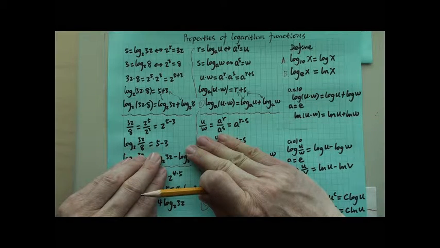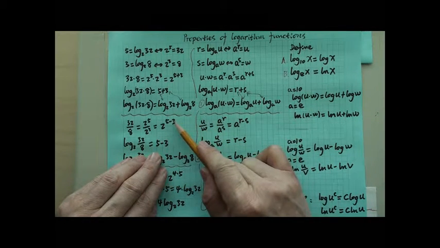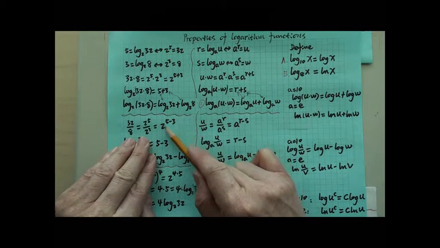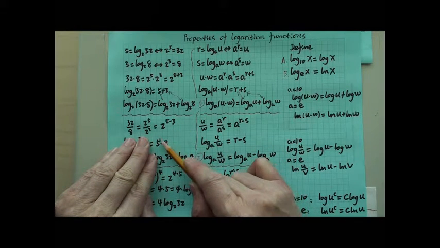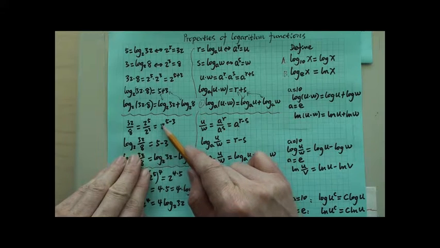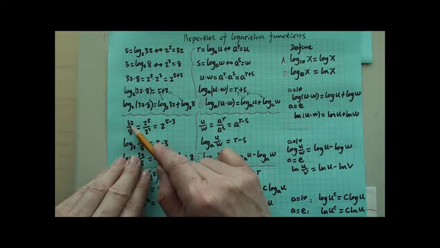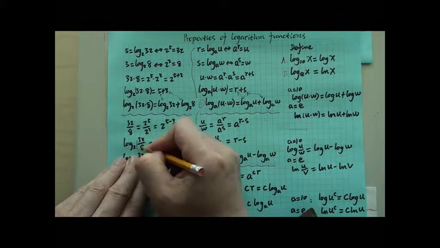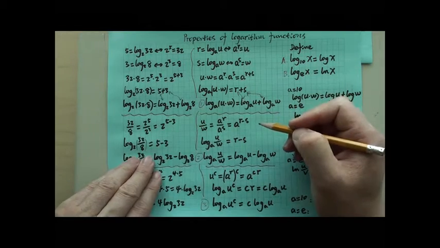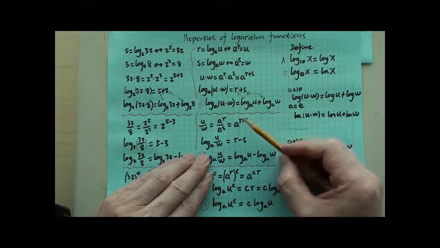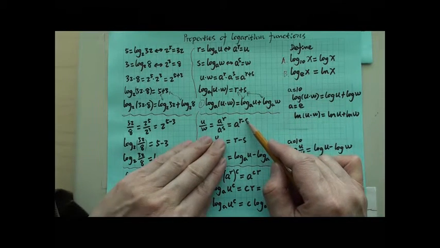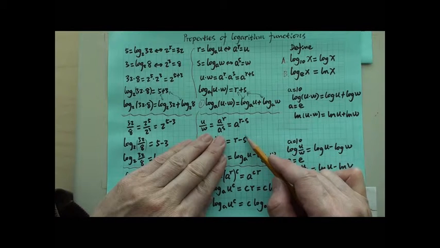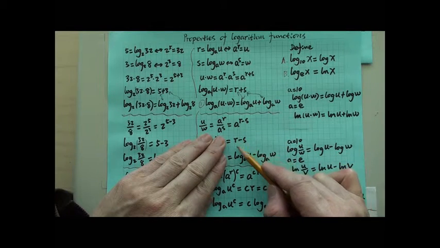Okay. Now, 5 minus 3 is the exponent, which can be expressed by this log base 2 to the 32 over 8. There are parentheses here. Be careful. Here is the same thing. r minus s is the exponent. Can be expressed by a logarithm.